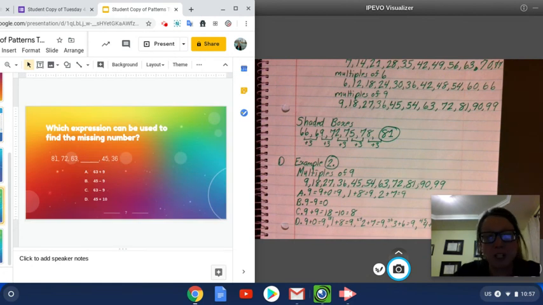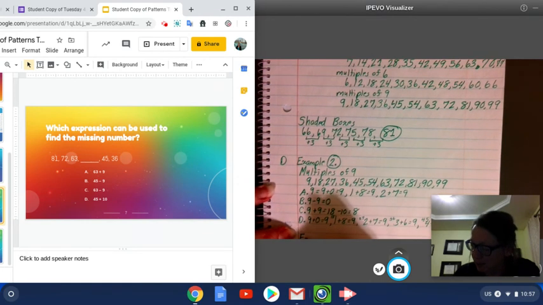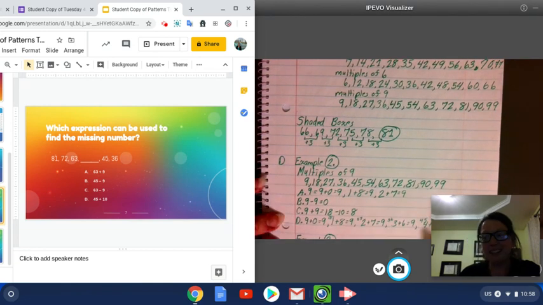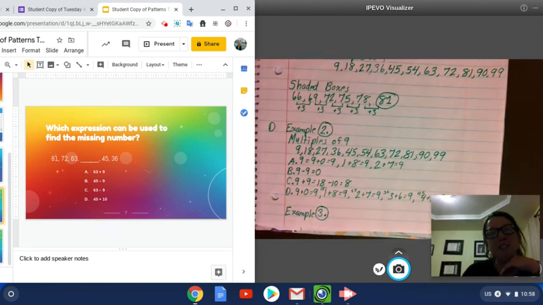Which expression can be used to find the missing number? This is a time to go ahead and pause. Take a minute. This is example 3. Go ahead and look at it on your own. I'll give you just a minute.